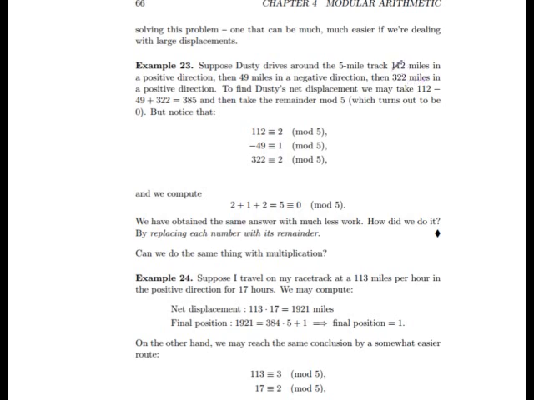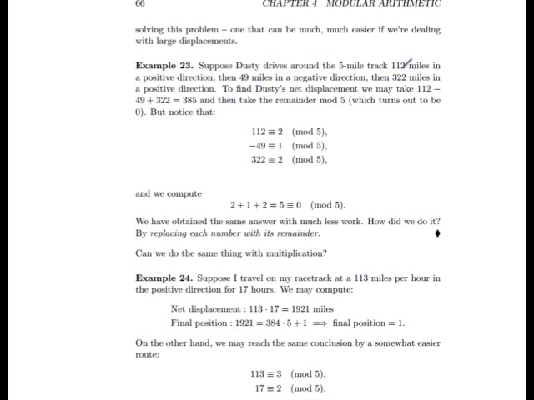You could take the remainder of 112, which is 2. You could take the remainder of negative 49, because he's traveling in a negative direction. The remainder of negative 49 is 1, because minus 49 is minus 50, plus 1. You could take the remainder of 322, so that's going to be 2.